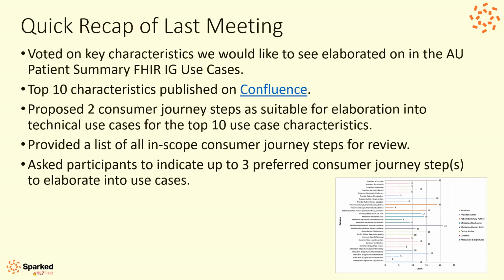And we also provided a full list of the in-scope consumer journey steps, excluding any that are either clinical workflow only or that aren't relevant to the patient summary itself. And then finally, we asked participants to vote on their top 3 preferred journey steps to be elaborated into technical use cases. And then the outcome of that vote's what we're going to use to help inform our next steps in the IG development. And as Danielle mentioned, she emailed a link to that page out to all the participants. And we're going to have a look at the results in the following slide.